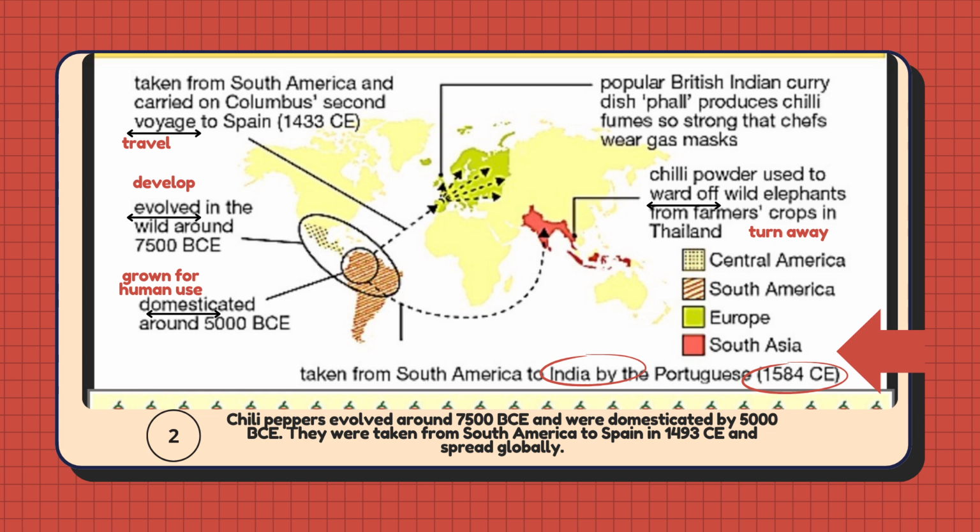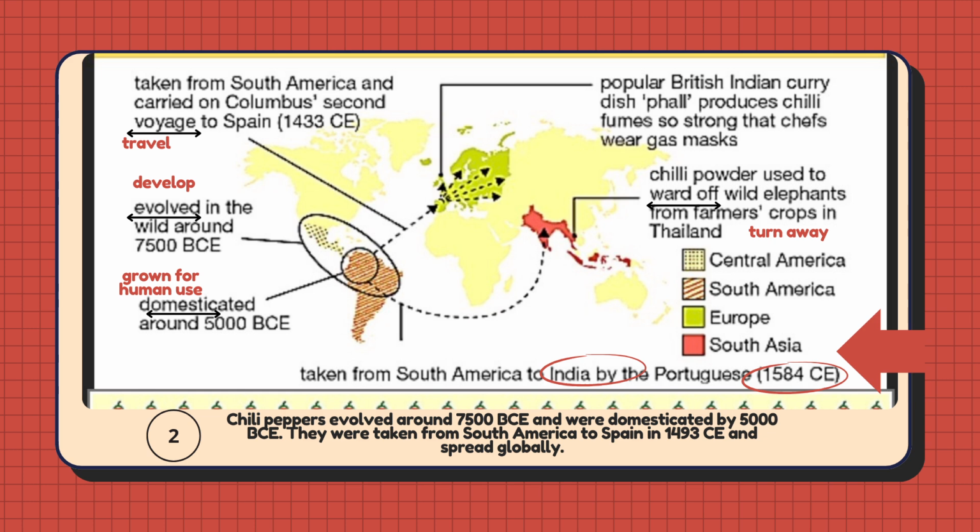Another is Thailand, where there's an arrow going to the country. Chili powder is used to ward off, meaning turn away, wild elephants from farmers' crops in Thailand. So they use the chili powder to turn away the elephants, because that's the problem of the farmers.